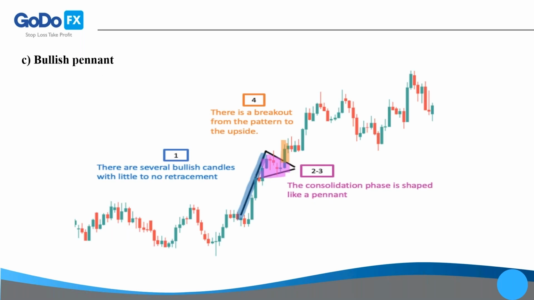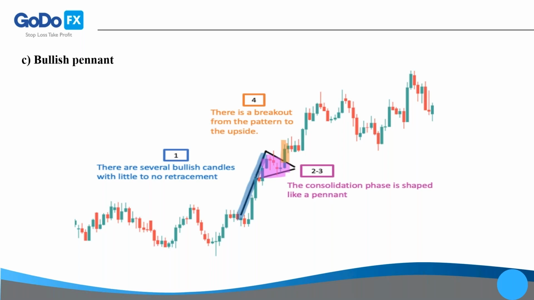Concerning the bullish pennant, which is also a continuation pattern that forms after a strong upward price movement, it is characterized by a small symmetrical triangle, or the pennant. We all know what the shape of a pennant is, and it forms after a significant price increase, suggesting a brief consolidation before the uptrend resumes.